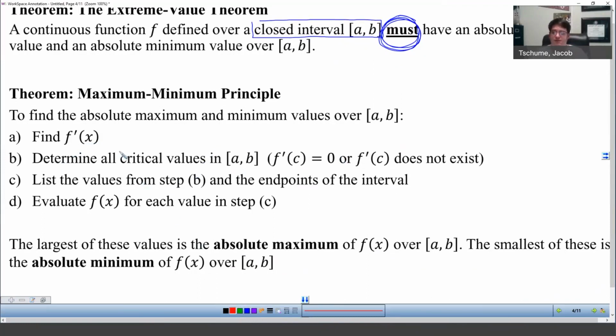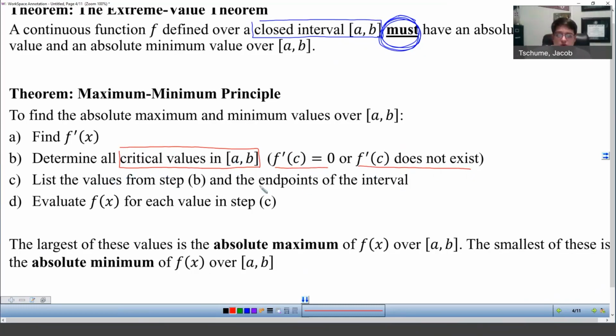The only difference here is that you need to make sure that your critical values only occur in the interval a to b. Anything that falls outside that interval is not useful for us. Remember that critical numbers come from taking the derivative and either setting it equal to 0, or if you have a fraction, figuring out where it does not exist.